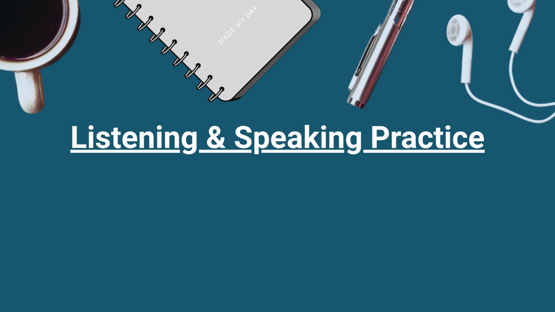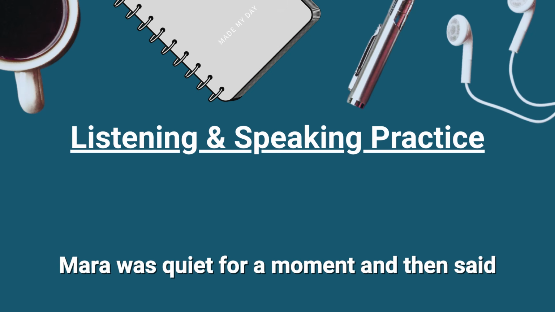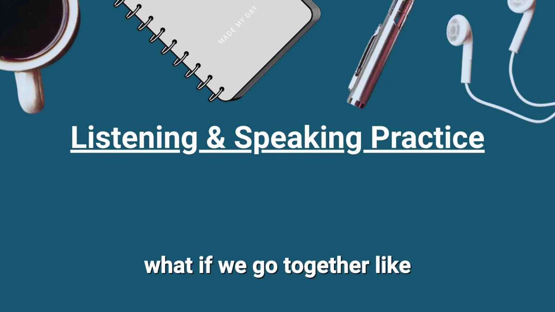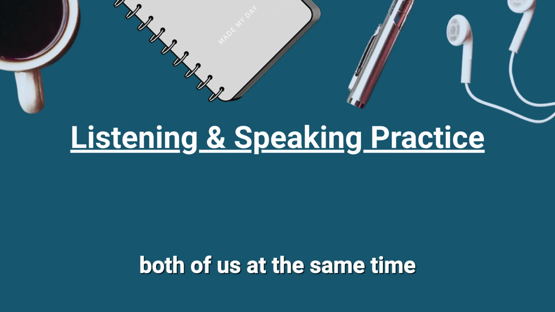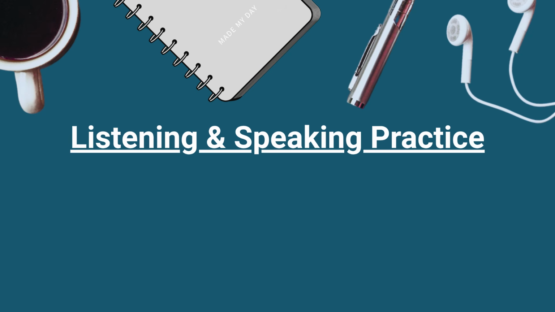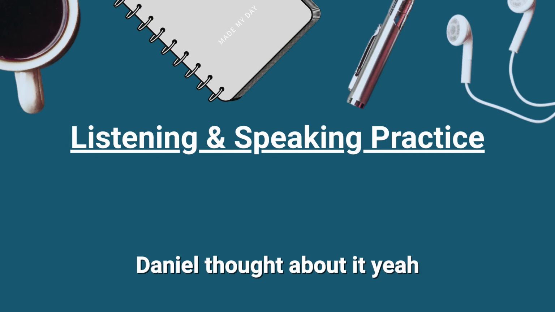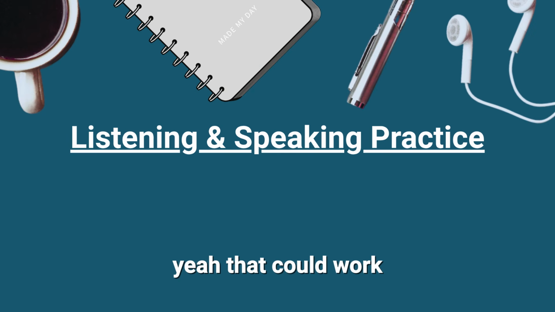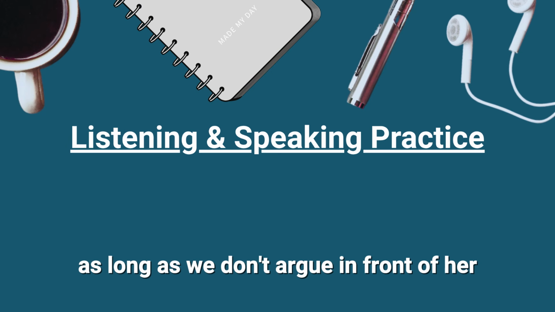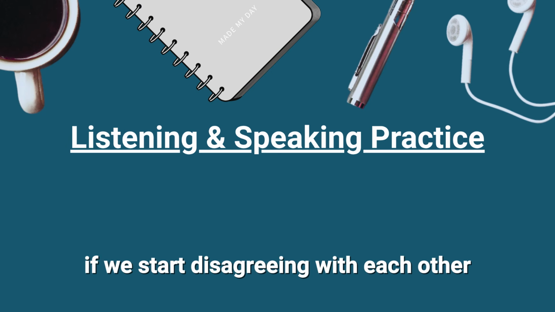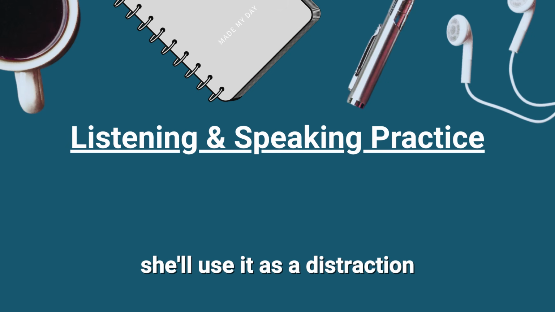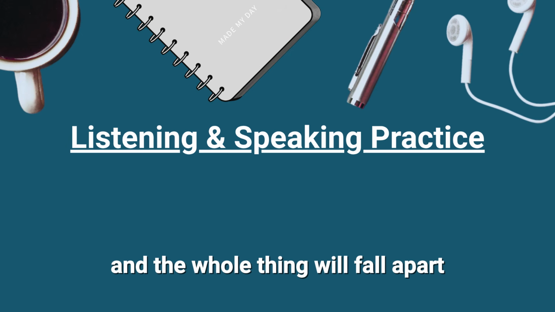Mara was quiet for a moment and then said, "What if we go together? Like, both of us, at the same time. If we both show up, she'll know we're serious." Daniel thought about it. "Yeah, that could work. As long as we don't argue in front of her. If we start disagreeing with each other, she'll use it as a distraction and the whole thing will fall apart."